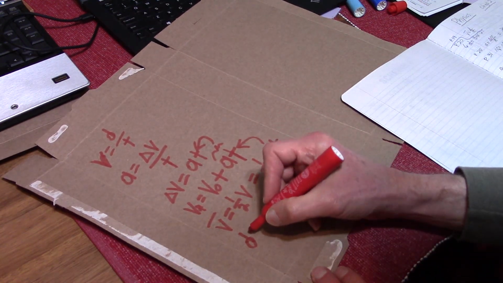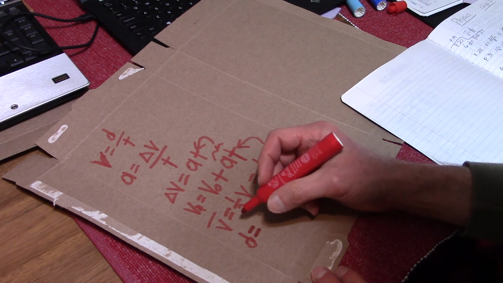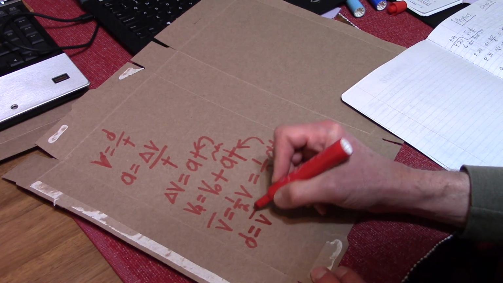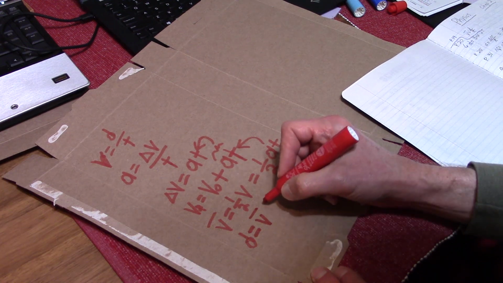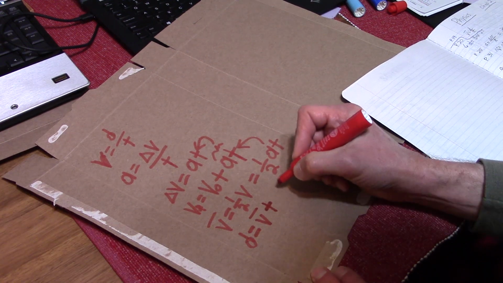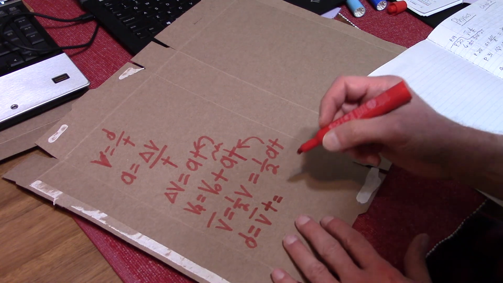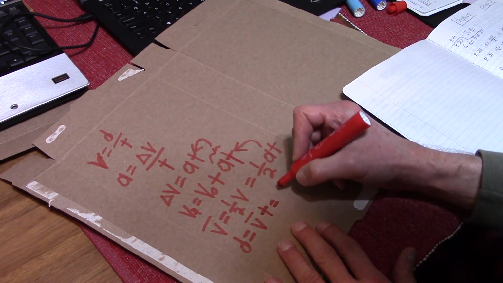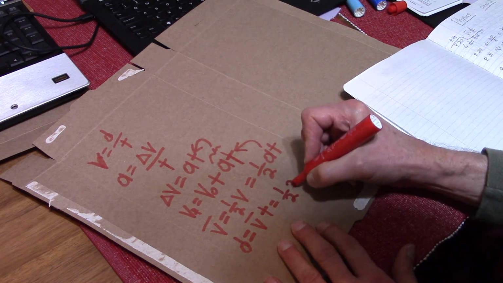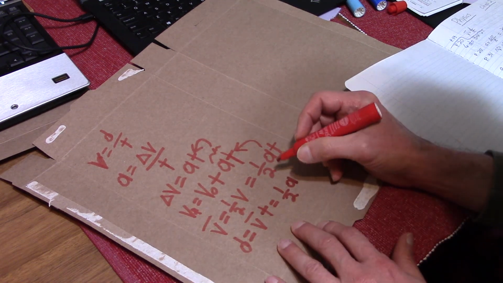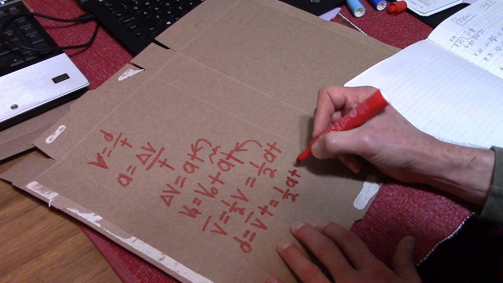Distance is going to be equal to your average velocity times time, which is equal to 1/2 AT.